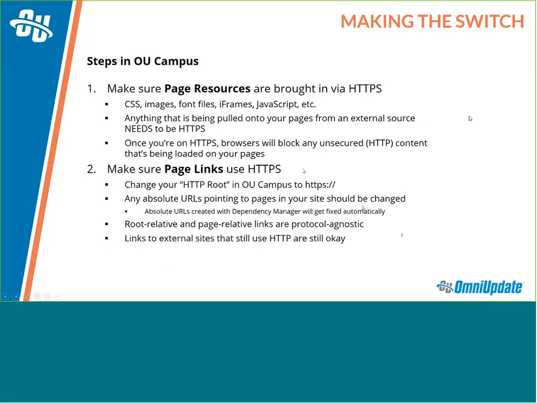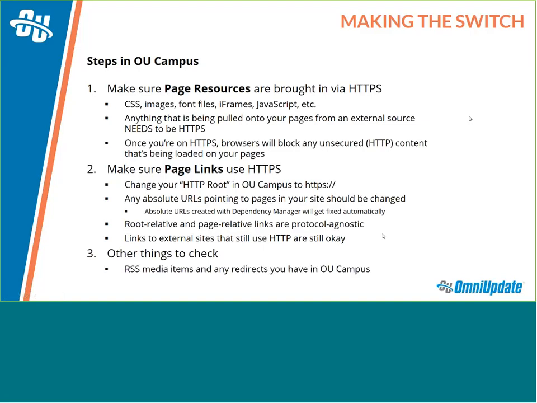The other third step that you want to make sure that you take: page resources are absolutely the most important because this could lead to broken functionality. Page links are also still good and important to take care of. The third step has two other options.